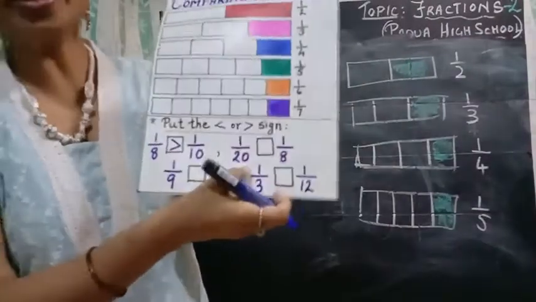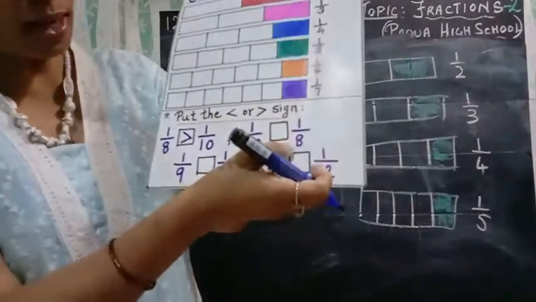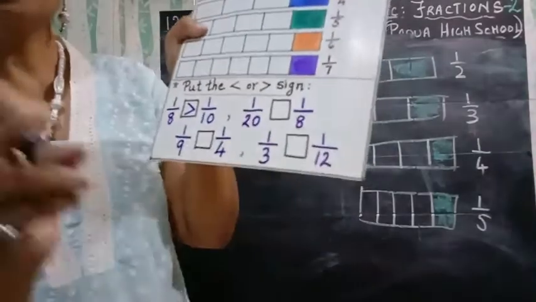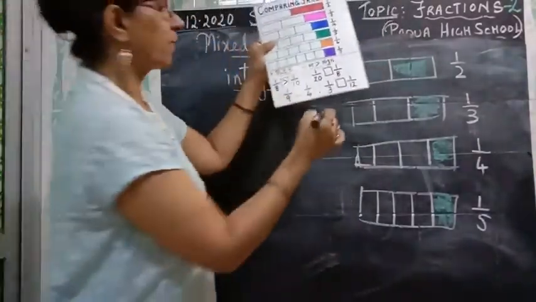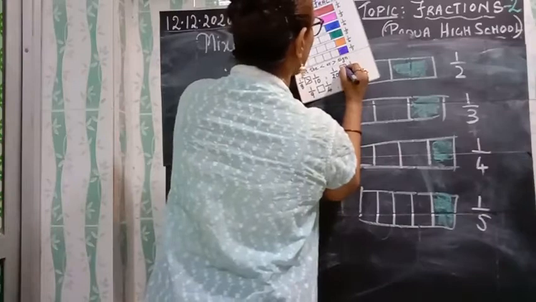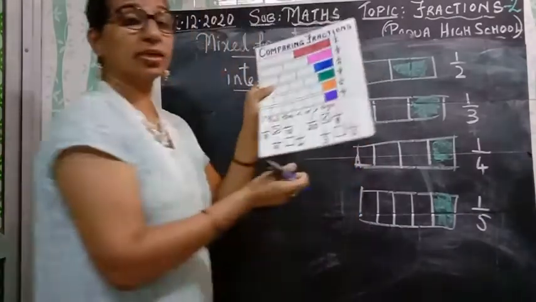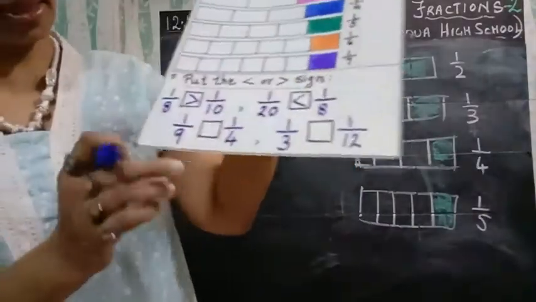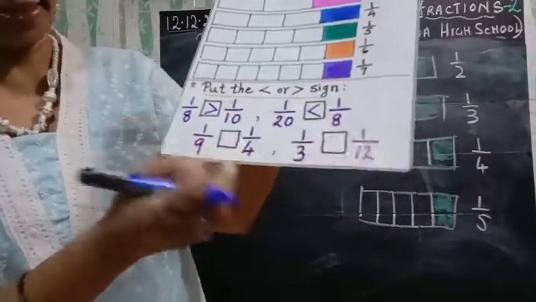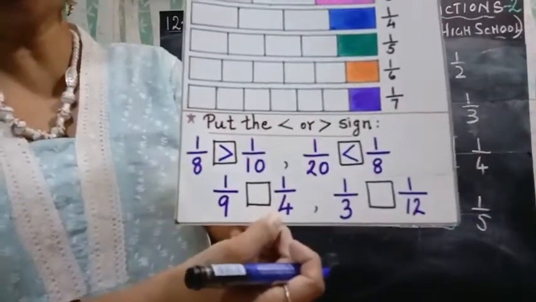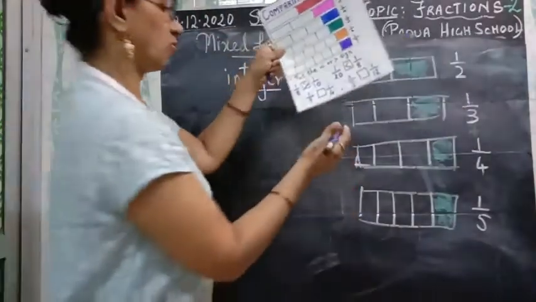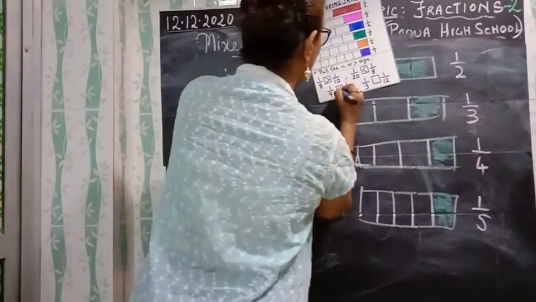1 upon 20 is greater or less than 1 upon 8? It will be less than, okay? Because as I told you, as the denominator goes on increasing, its value decreases. Now 1 upon 9 is greater or less than 1 upon 4? It is less than 1 upon 4. Good. So it will be less than.